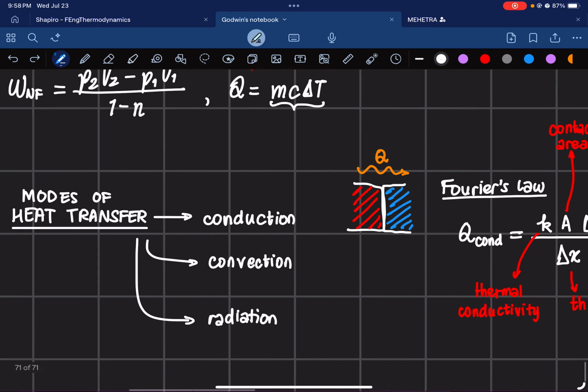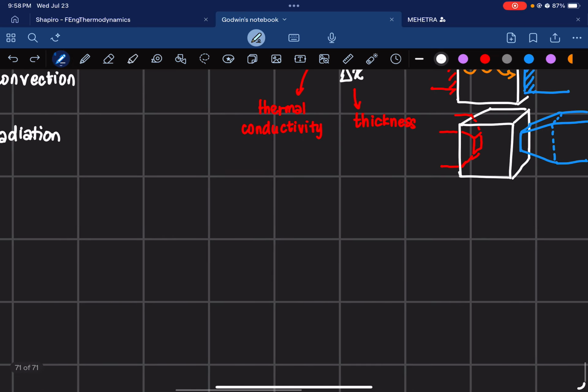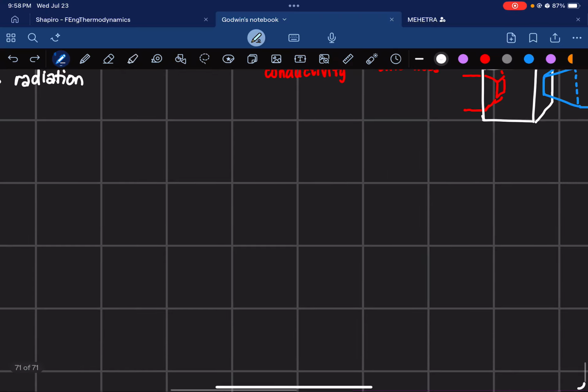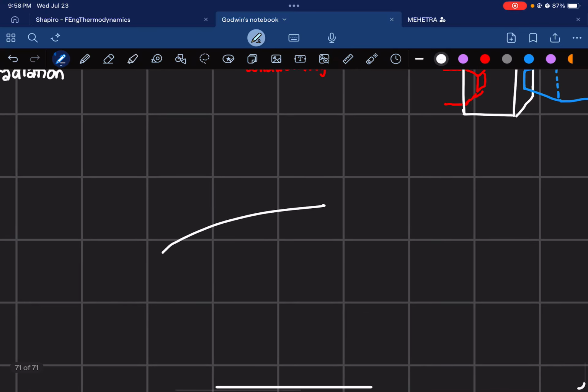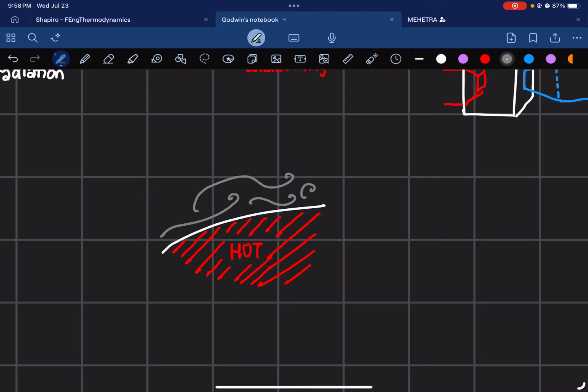Okay? Now, for convection, punta naman tayong convection. Let's say, for example, we have something here, and let's say this is the hot thing, right? This is now your hot space, and what will basically happen after this will be, there will be some fluid that is flowing over the hot thing, right?